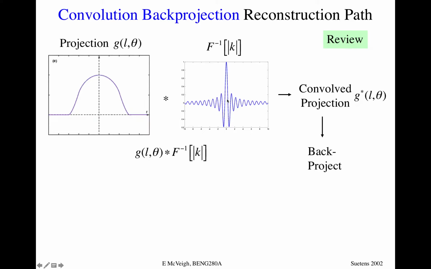So it turns out that in current computing, and especially in computing that was available during the development of clinical CT, this was a more efficient way to perform this operation. One of the reasons it's more efficient is you can cut this convolution kernel down to a small kernel and just take the center part of it. So you take say 16 points or 8 points in the middle, do that convolution and then back project. And you get pretty darn close to the correct image, and it's quite cheap computationally.